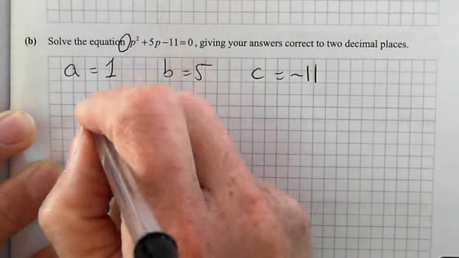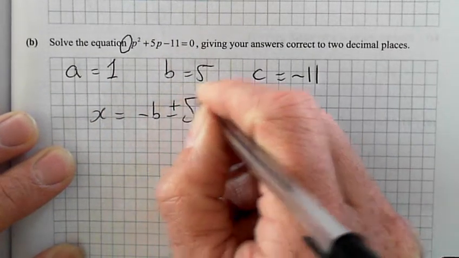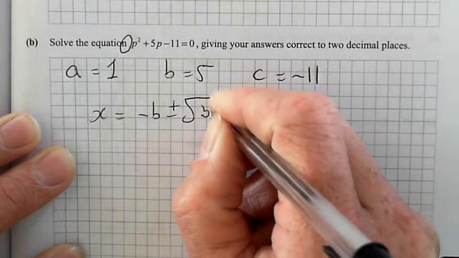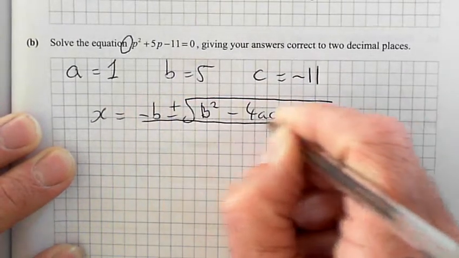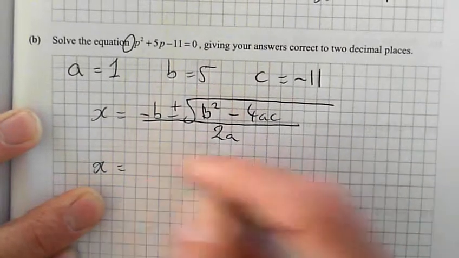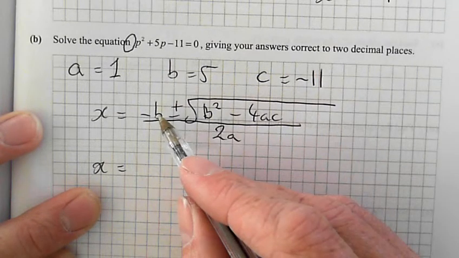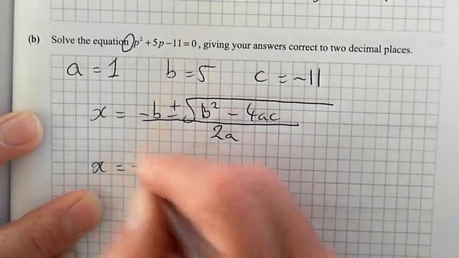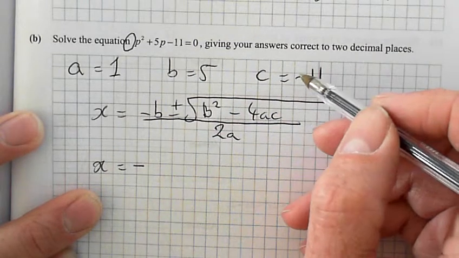Right. So you write out your formula, which is in the log tables. Alright, so what I tell students is to replace the letter with brackets first, because there's a minus up here, so that's going to cause trouble.